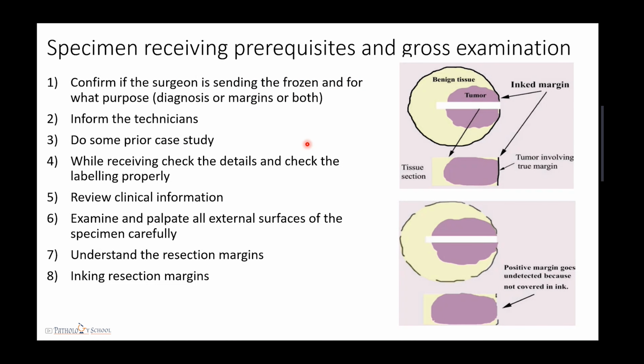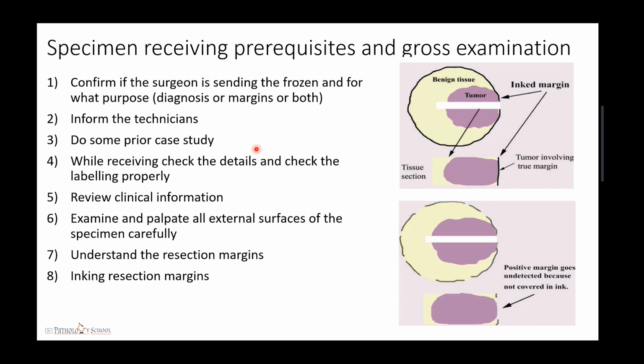Now we'll just see all the steps right from receiving of the frozen section to gross examination and to sectioning. So first, while receiving the specimen for frozen section, we have to see if they have properly labeled, what all is mentioned on the label. We have to check that.